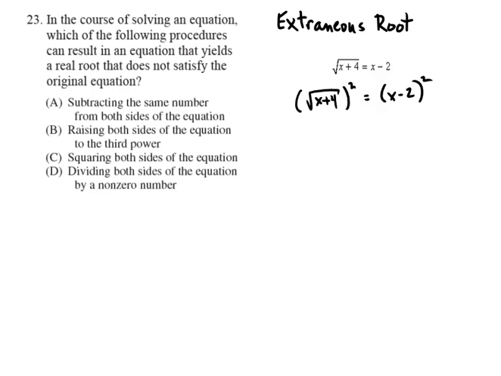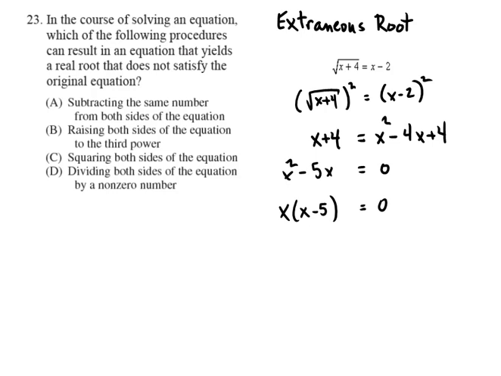And when we do this, we're going to end up with x plus 4 on the left and x squared minus 4x plus 4 on the right. When we set this equal to 0, or collect all the terms on one side and leave 0 on the other side, we simply end up with x squared minus 5x, which factors to x times x minus 5, which then has two real solutions.